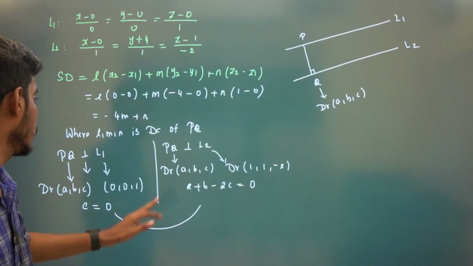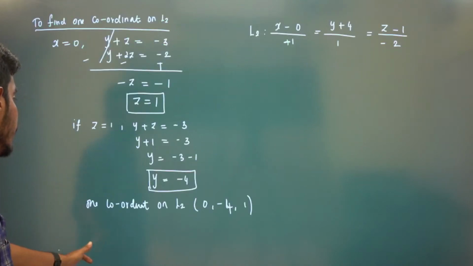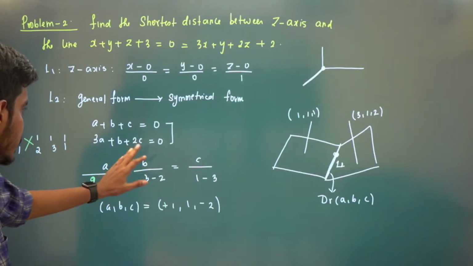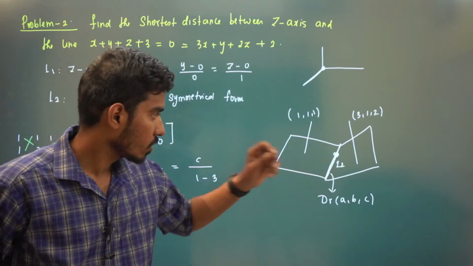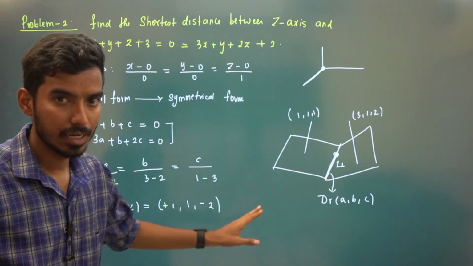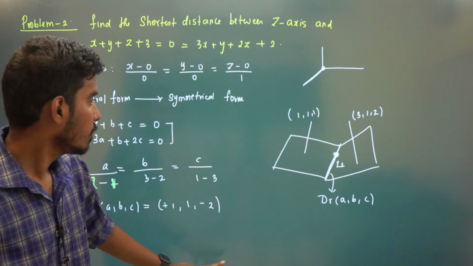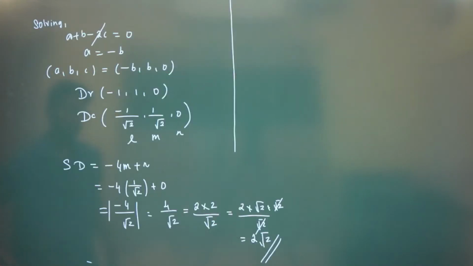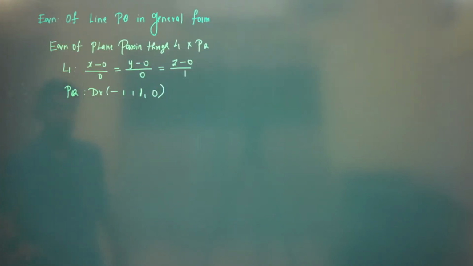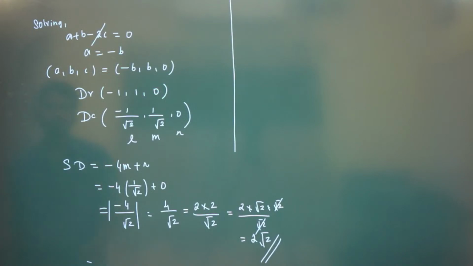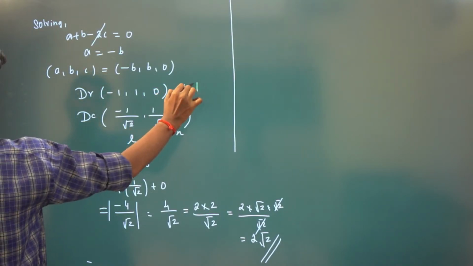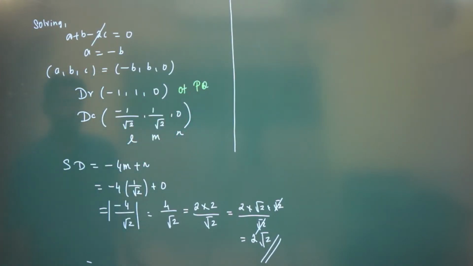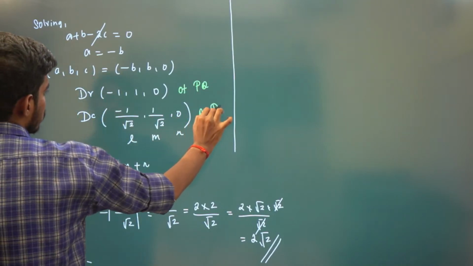Don't confuse that with this. This direction ratio is the L2 direction ratio, the first half. But we need the PQ direction ratio. Don't get confused. This is the PQ direction ratio, minus 1, 1, 0. This is the direction ratio of PQ, and this is the direction cosine of PQ.